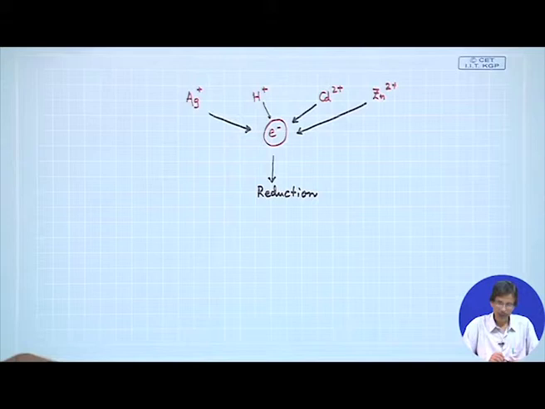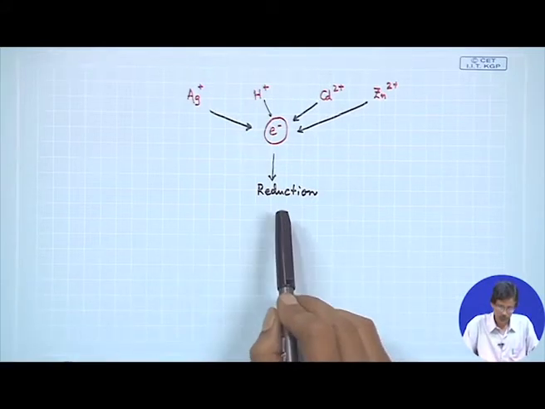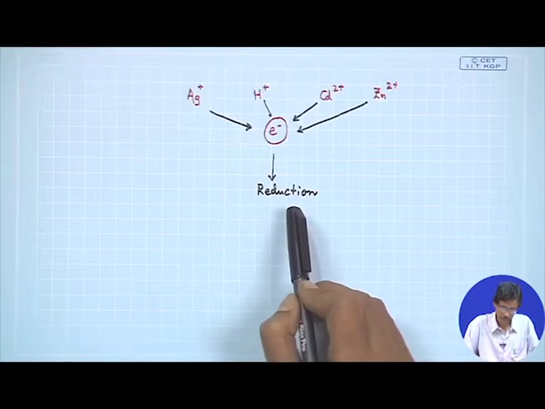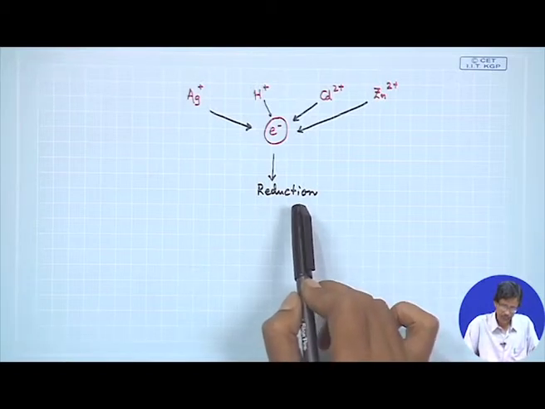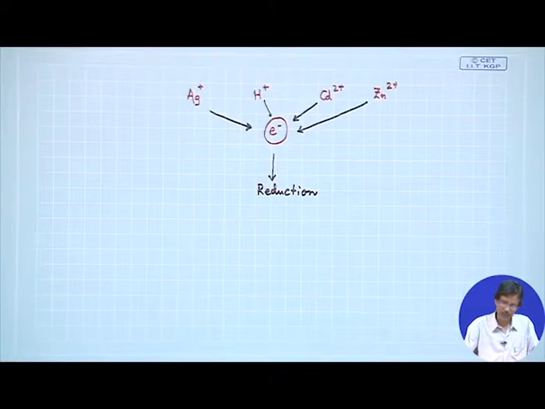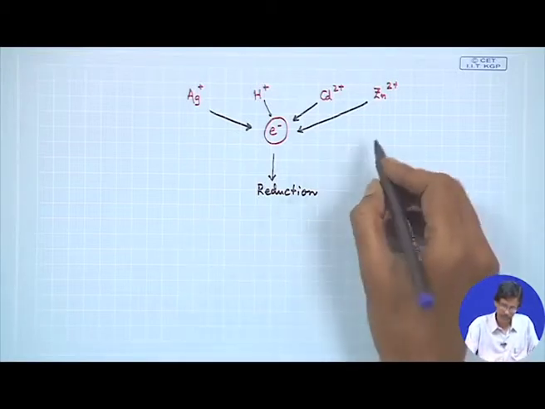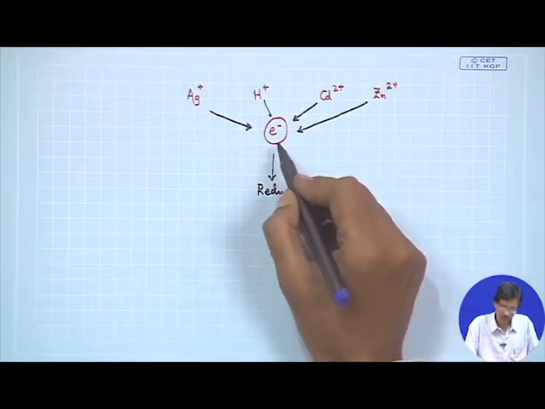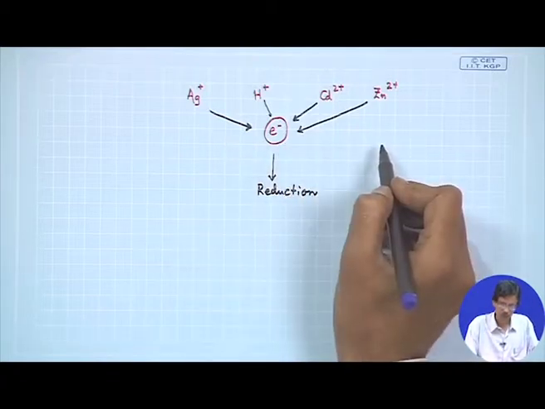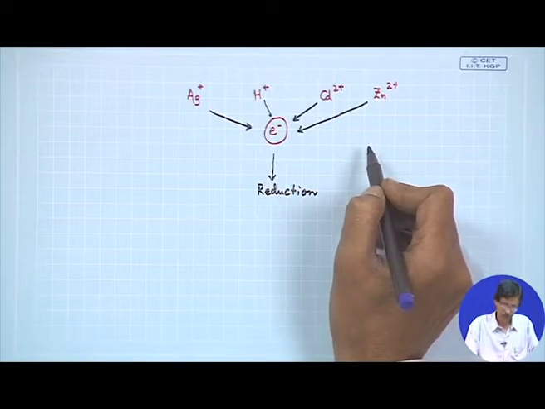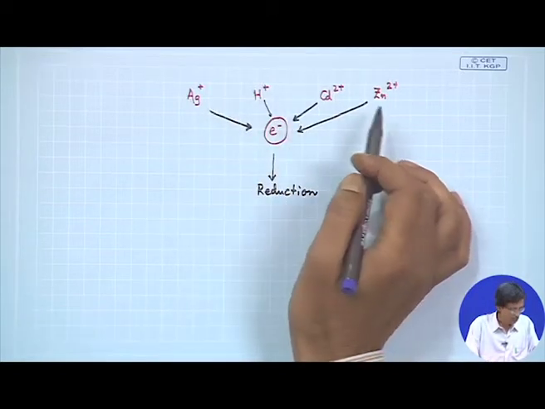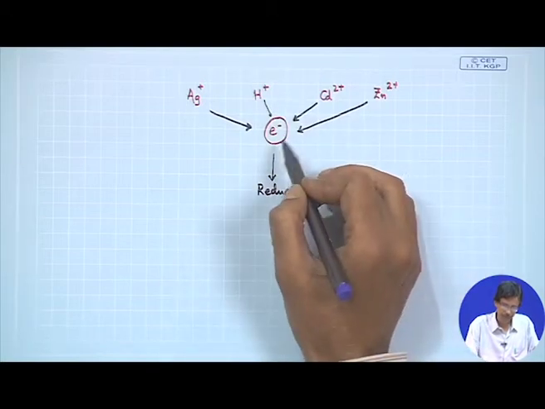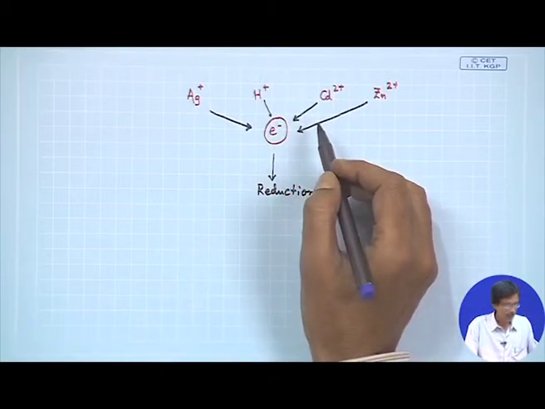Whenever some reduction reaction is going on, at the same time some other species related to this half cell reaction is also being oxidized, because the electron is coming from the one which is getting oxidized. So, in terms of their oxidizing agent behavior for electron acceptance, if we compare, then we can have some values.